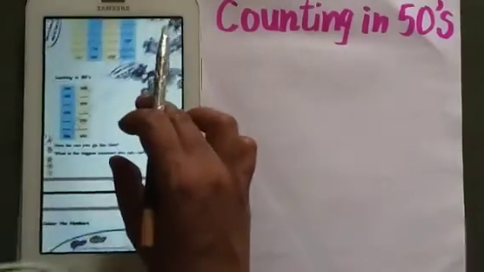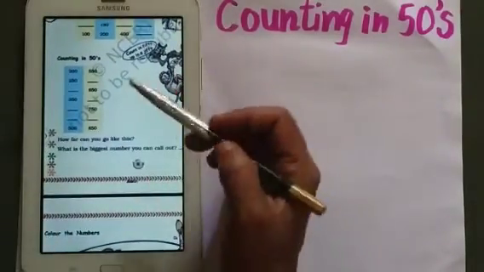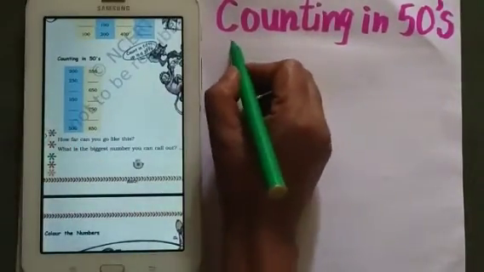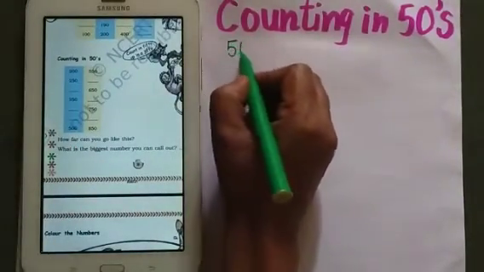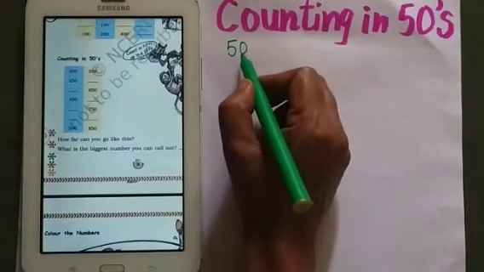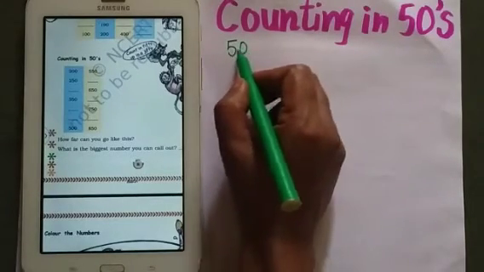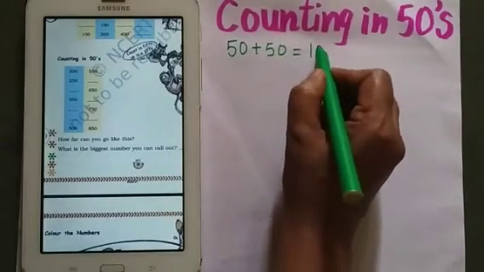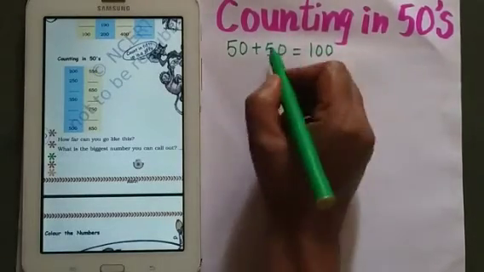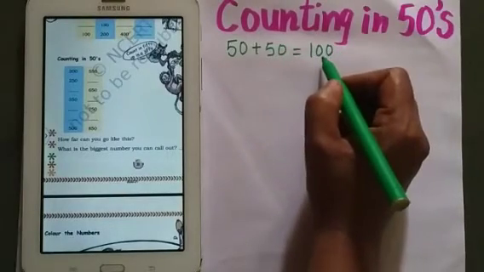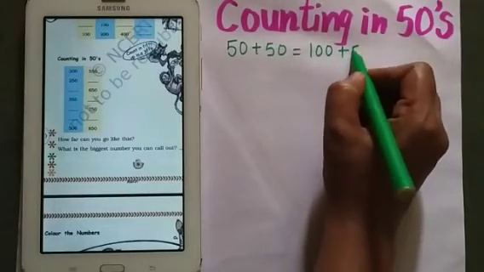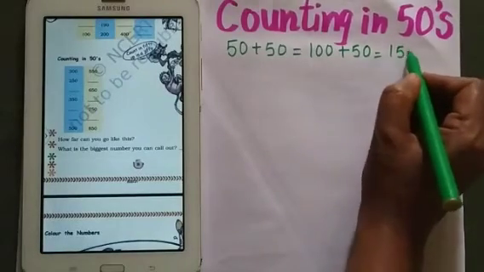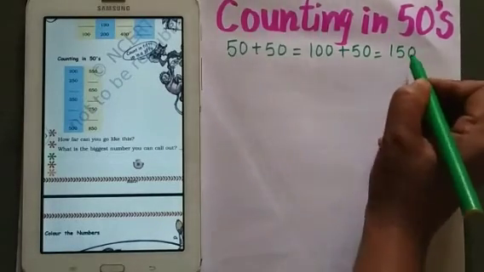Yes. See here. Now. See here, 50. We are doing counting in 50. So 50 plus 50. It is 100. Yes. Same way, when we are adding more 50 in that, the answer is 150.